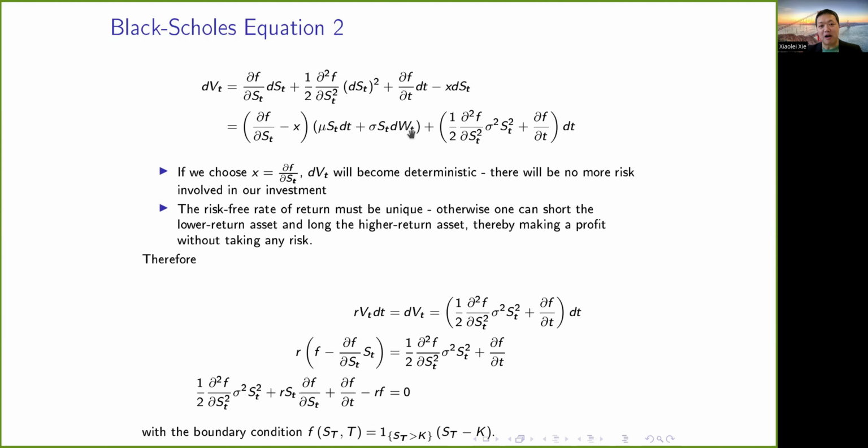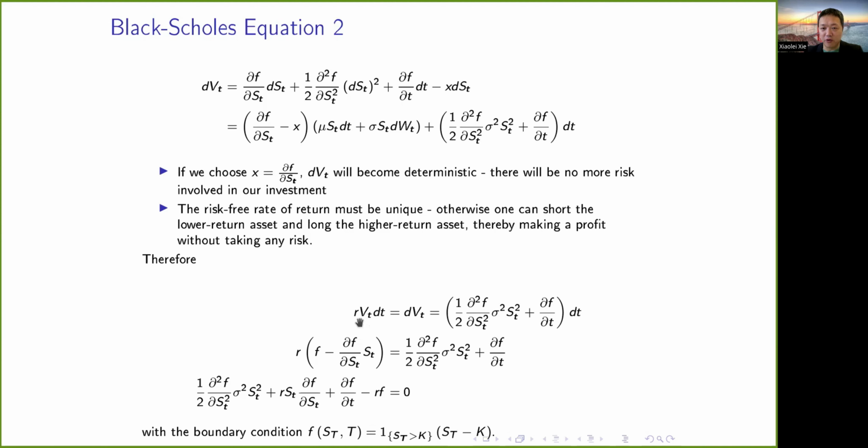However, if we think about it, the risk-free rate of return on this market must be unique, because otherwise one can always short a lower return asset and long a higher return asset, and thereby make a profit without taking any risk. Based on this reasoning, we can equate this term to R times VT. So that gives us this equation here.